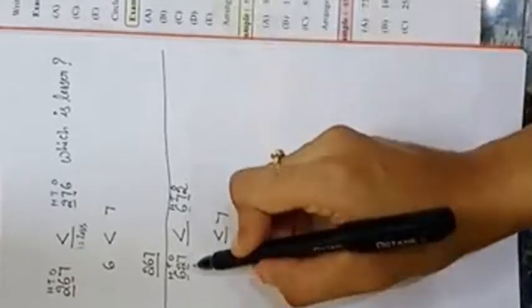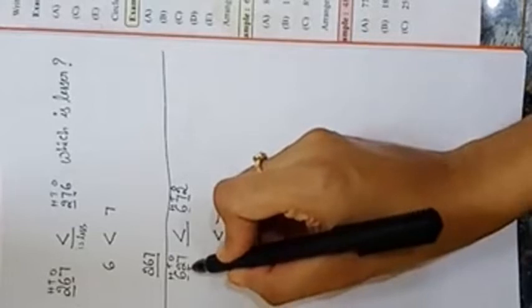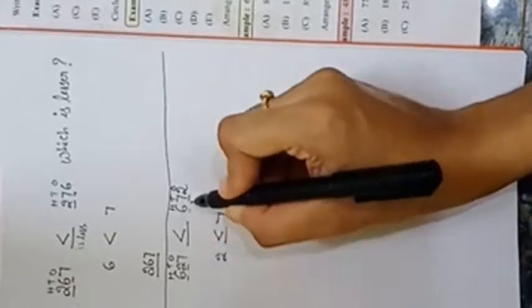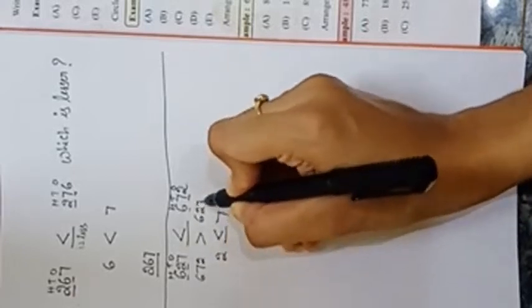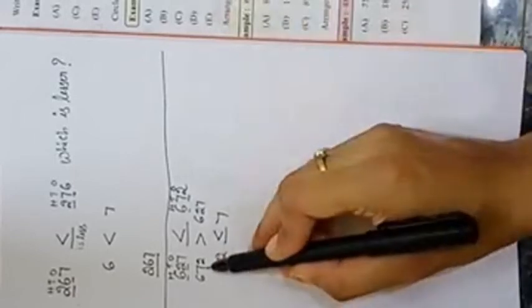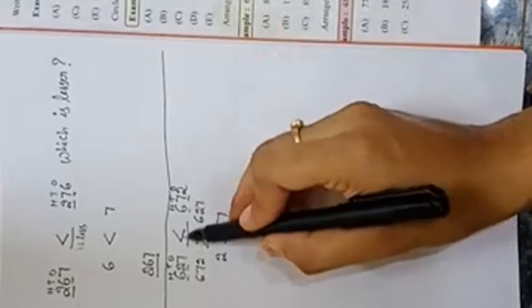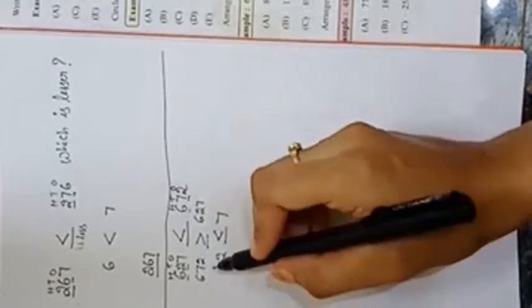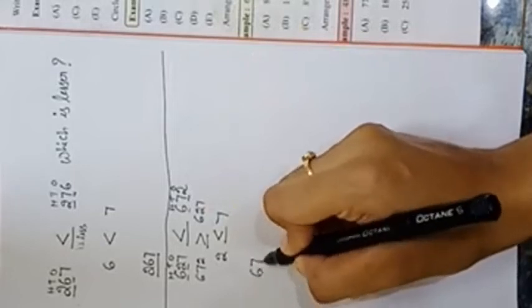Now tell me which is the bigger number, 627 or 672? 672 is greater than 627. If 7 is that side, mouth will open this side. Observe carefully, which side the bigger number is, that side the mouth will open. So children, tell me what is the answer? Which is the greater number?